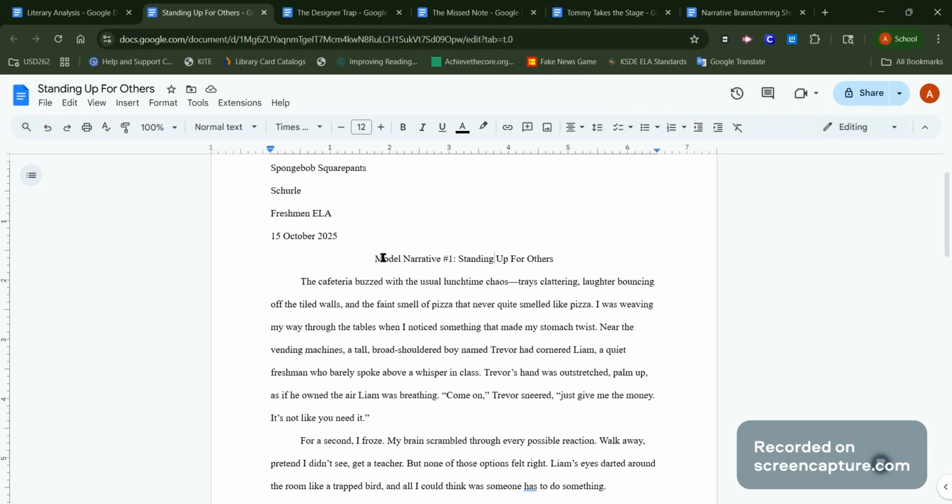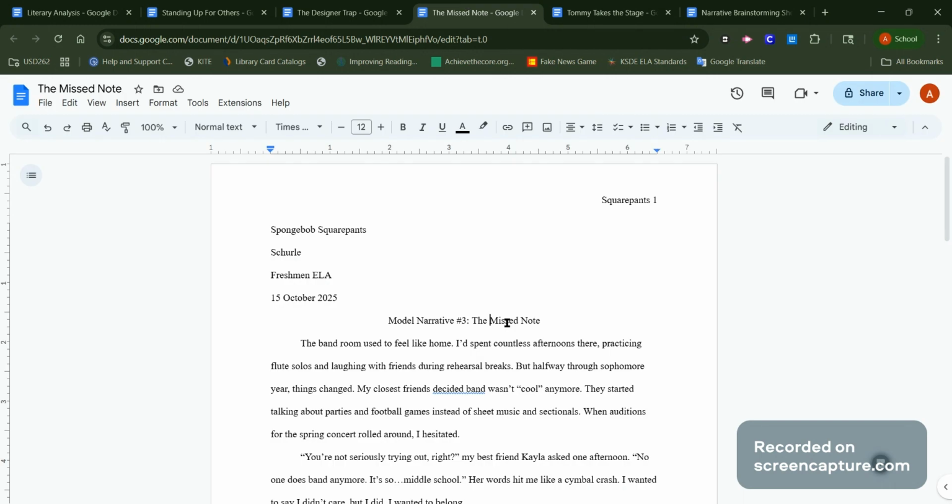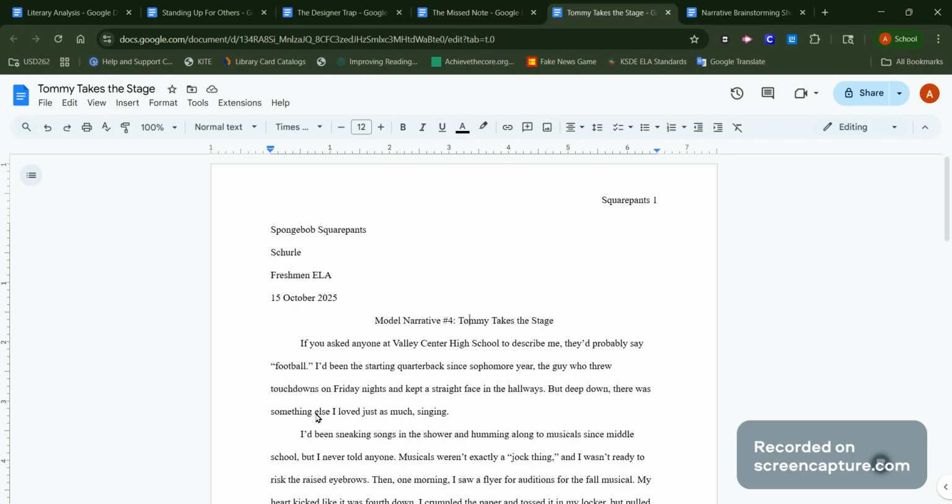If you get model narrative 1, you're going to read about standing up for others. If you get model narrative 2, you're going to read about the designer trap. If you get number 3, that one is called the missed note. And if you get number 4, that one is called Tommy takes the stage.